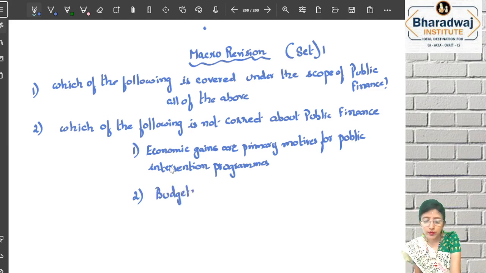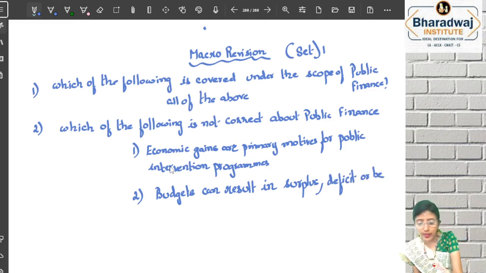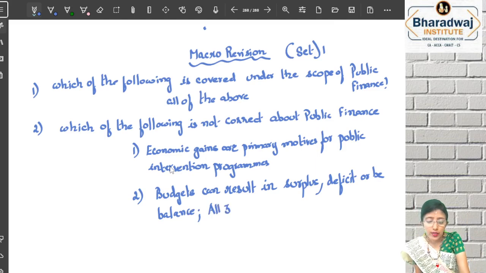Budgets can result in surplus, deficit, or be balanced. All three result alternatively.